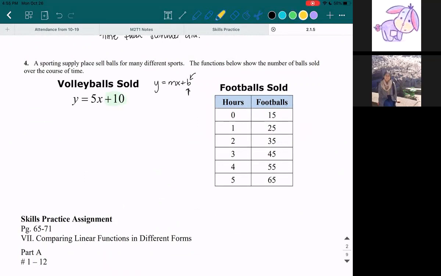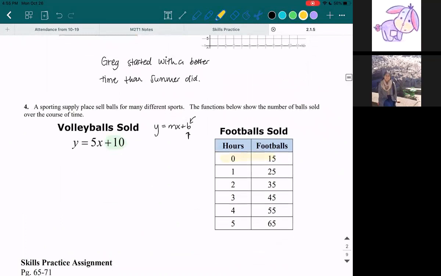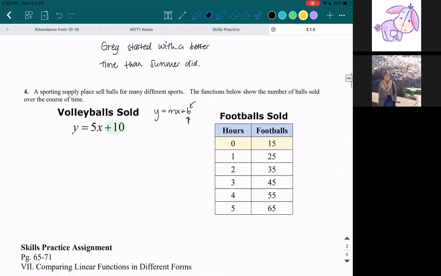And then when we're on a t-table, it's the same thing as what we just did earlier. What is next to 0? So football starts at 15 and volleyball starts at 10. So this means we started with 10 volleyballs already sold.